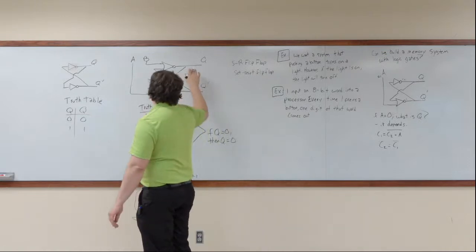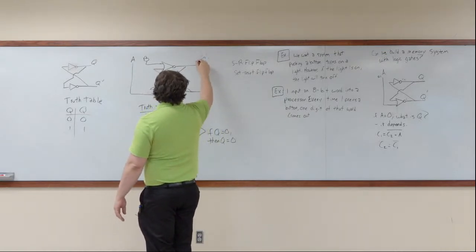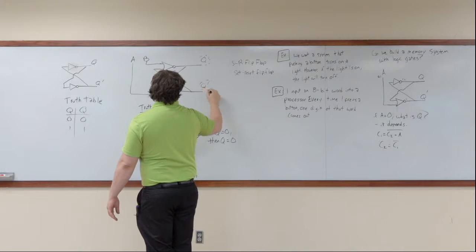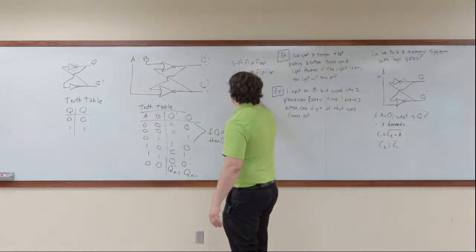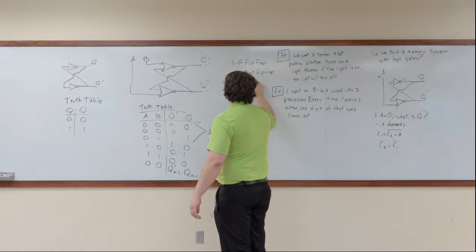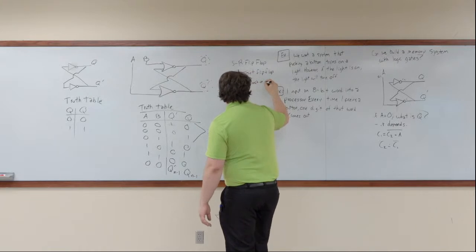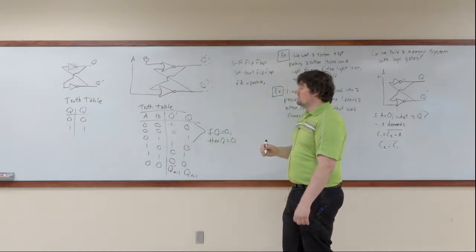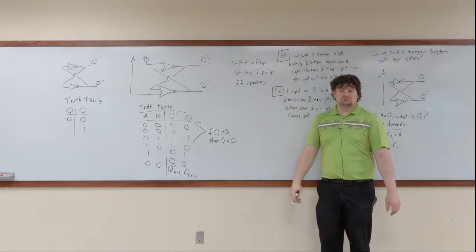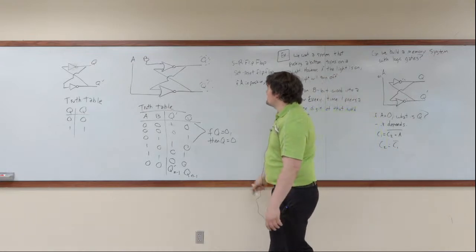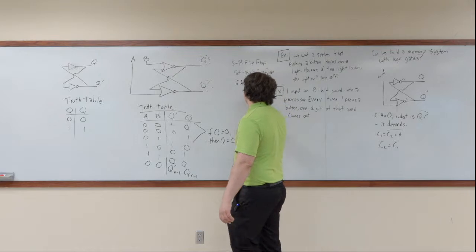Here, if we're only looking at Q, and Q naught is just the opposite of Q, then here, if A is positive, then we know Q naught's going to be 0. And then we know Q will be positive.